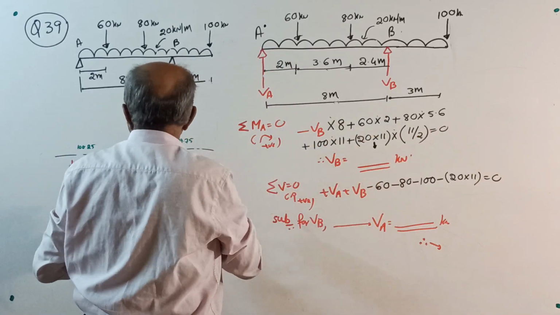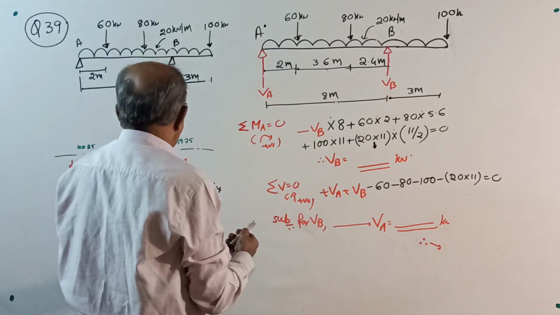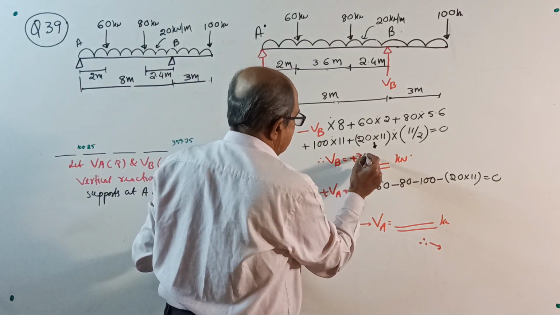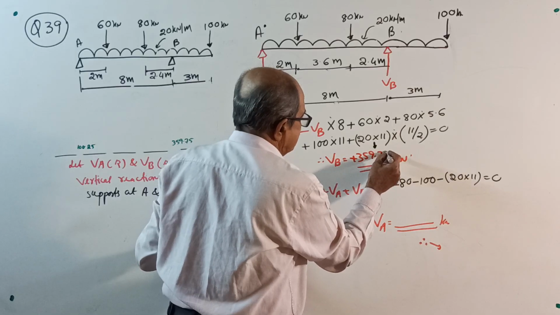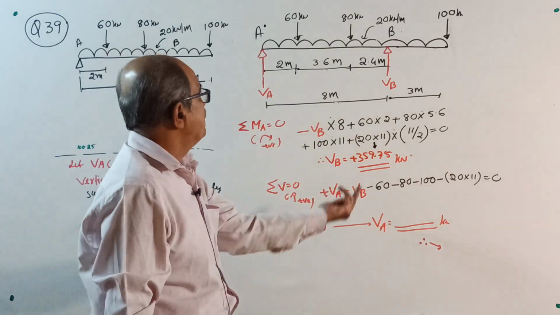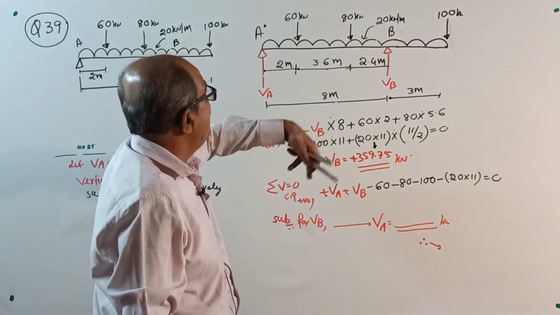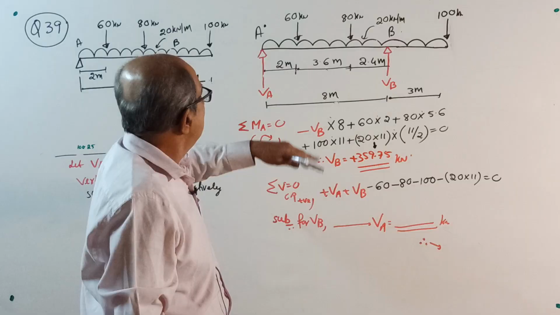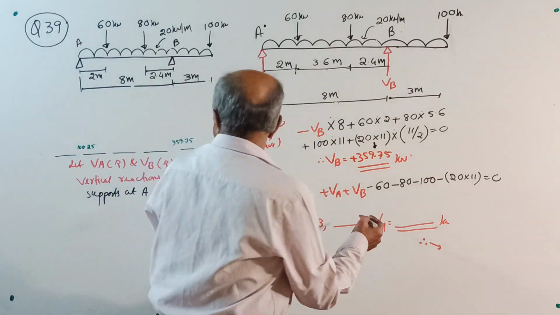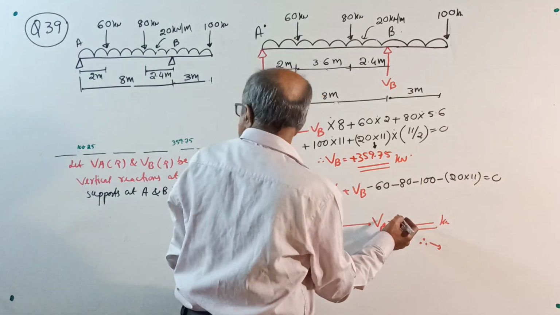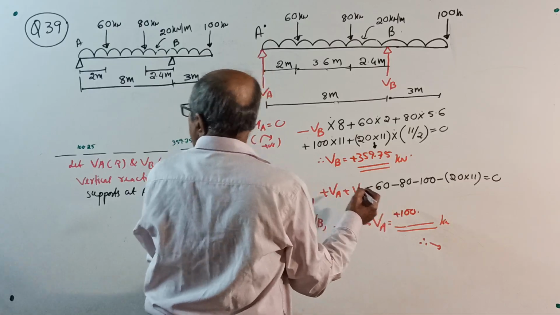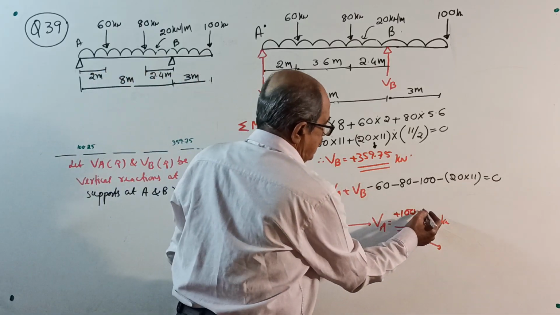You get the value of VB as plus 359.75 kilonewton. Sigma V equal to 0, upward positive: VA plus VB minus 60 minus 80 minus 100 minus 20 into 11 equal to 0. You get the value of VA, that is plus 100.25 kilonewton.